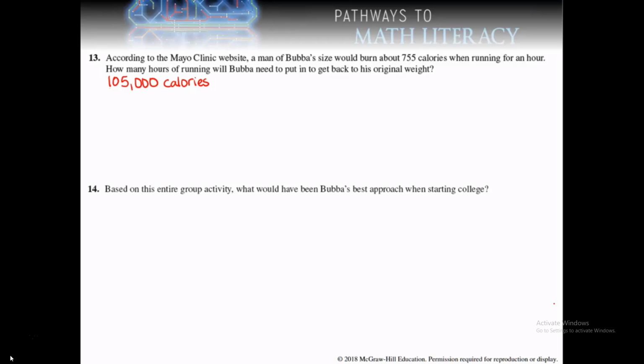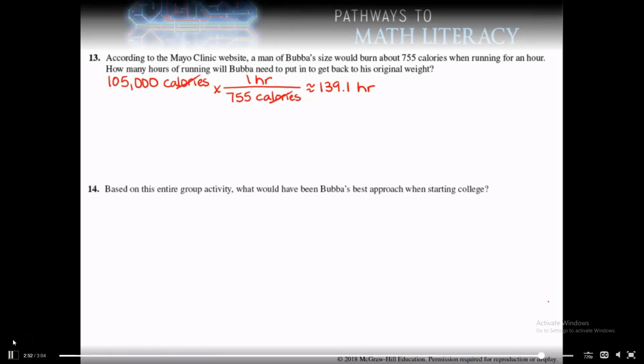So the calories cancel, and we'll take 105,000 divided by 755, and we'll get about 139.1 hours. And then in 14, based on this activity, what would have been his best approach when starting college? Well, it takes a whole lot of effort to burn it off afterwards, so it would have been more effective if he'd exercised and watched his calorie intake all along so that he wouldn't gain it in the first place.